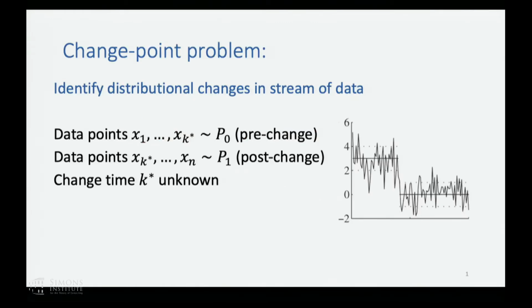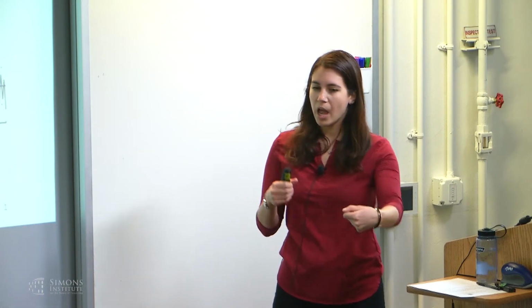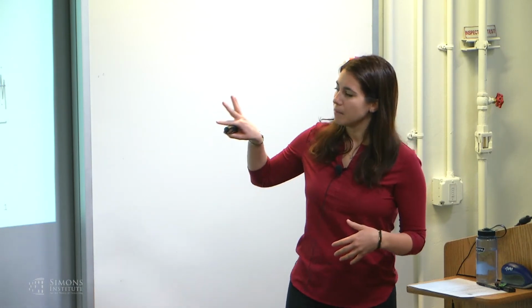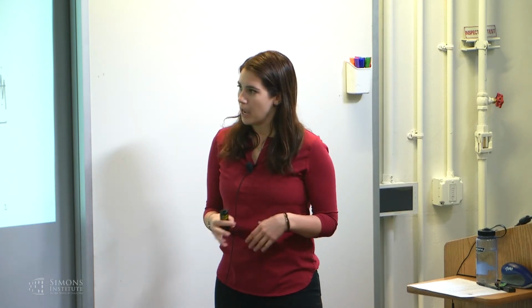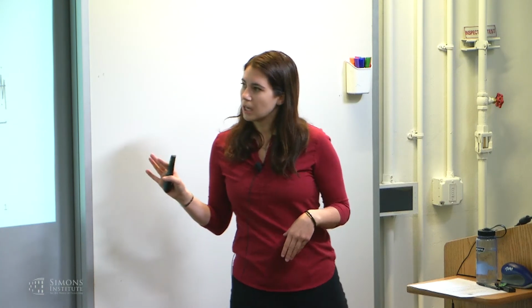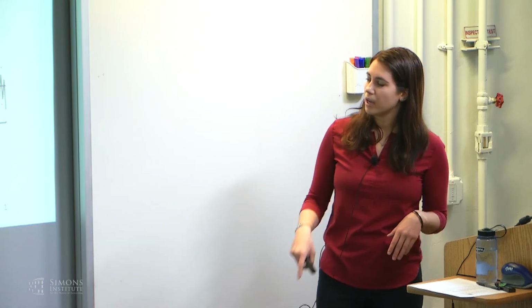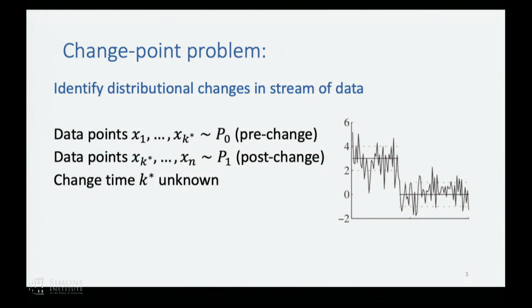So the change point problem is one in which you have a stream of data, and you want to identify some times at which these data change in a structural way. At first, we're going to say the first k star points are sampled from some pre-change distribution p0, and then at time k star, things change to some other post-change distribution p1.